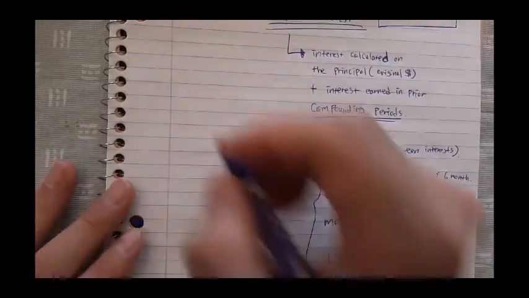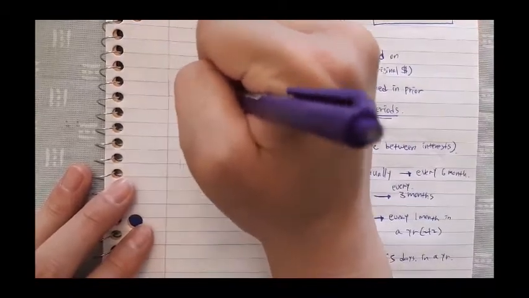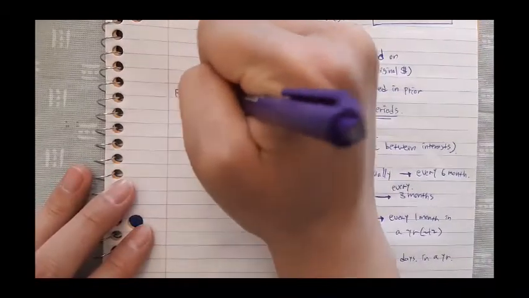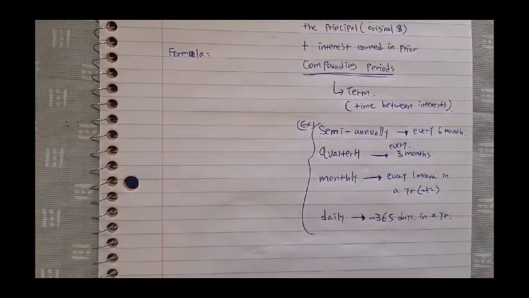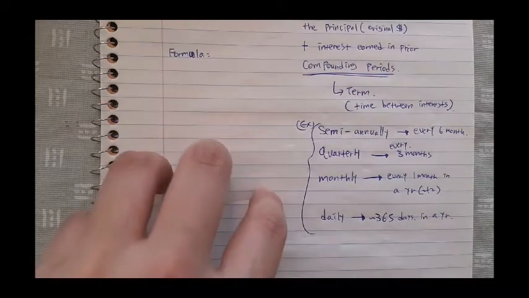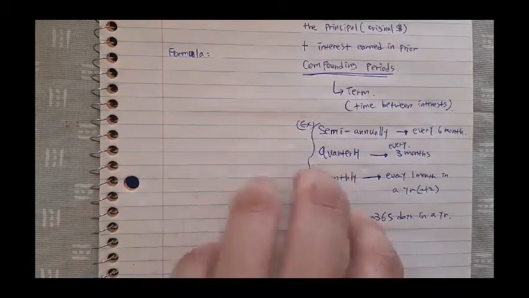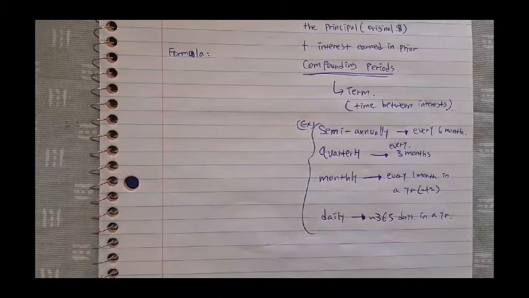Let's talk about the formula. How can we calculate this complex compound interest where even if you're investing for a full year, it's divided into, let's say, 4 quarterly pieces, and the money that I earn in the first period will be affected by the second, third, and fourth periods? The difference between simple and compound interest is that simple interest starts with I = PRT, where I is the number you figure out.